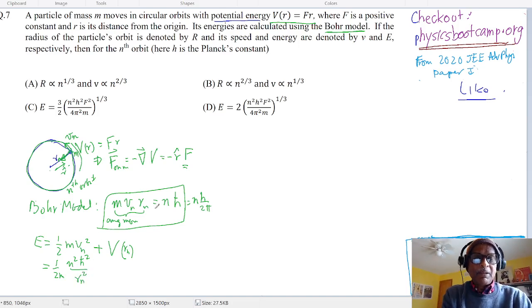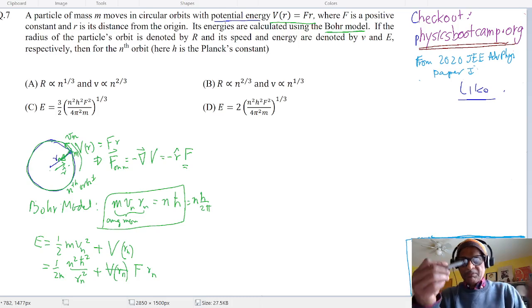So I can use this plus V of r_n. That will be one way you can write the energy, and V of r_n will be just F times r_n.